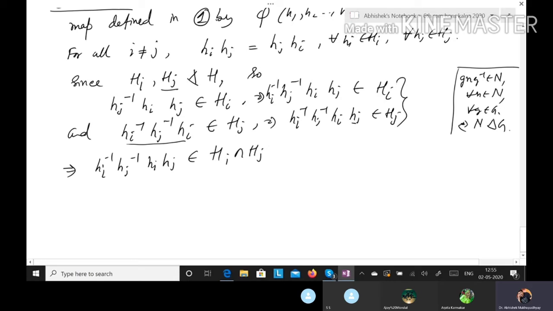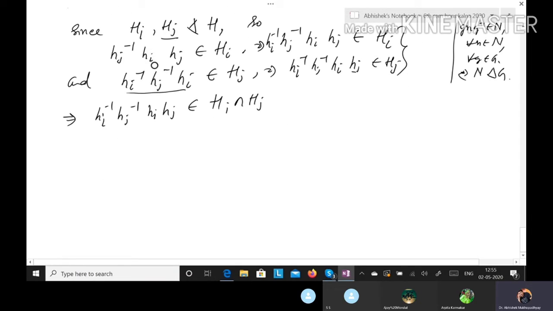But in 4 it is given that Hi intersection H1 H2 ... Hj ... Hk is the identity for all i not equal to j.